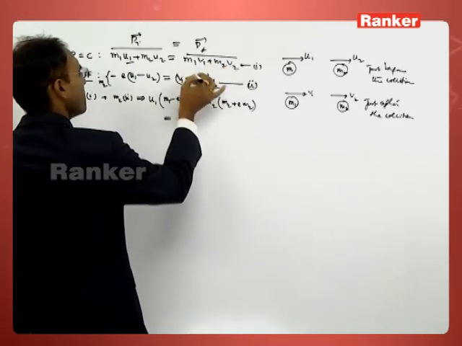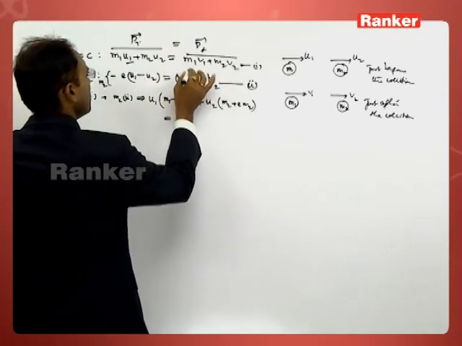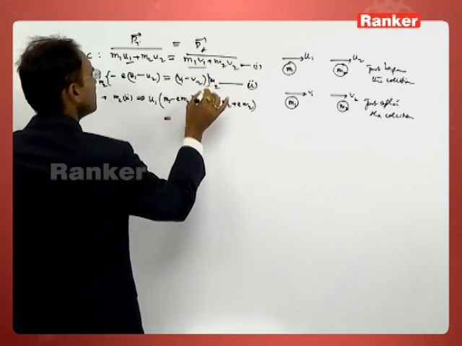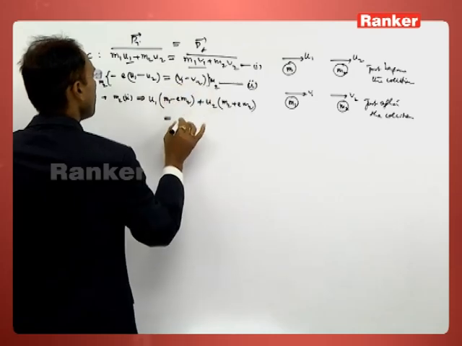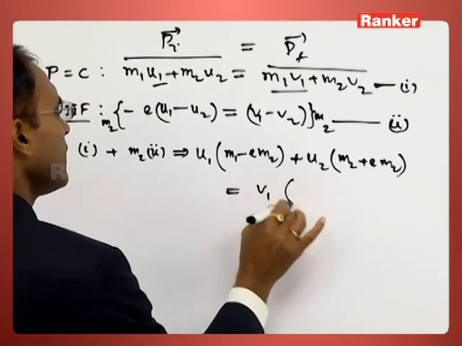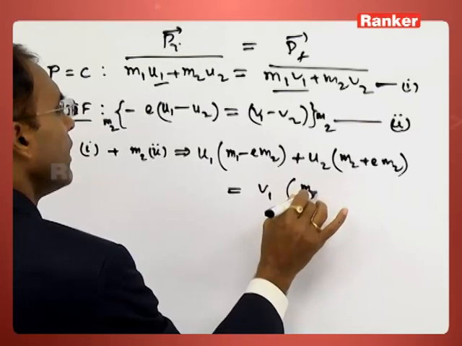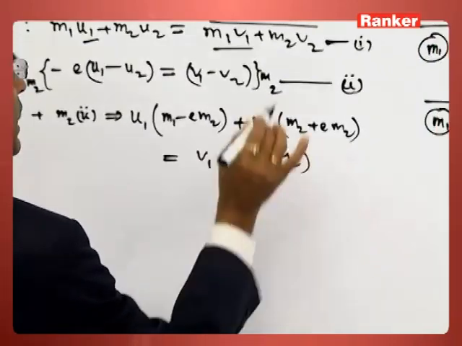m2 v2 minus m2 v2 will get cancelled. You are getting m1 v1 plus m2 into v1. You take v1 common, you are getting m1 plus m2.